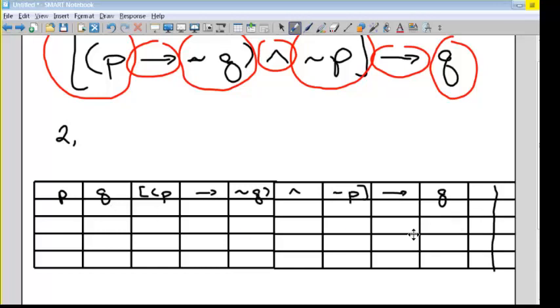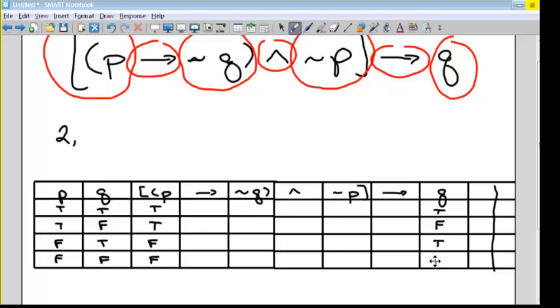Okay, so now we fill it out completely. So we do true, true, false, false, and true, false, because that's the 4 different combinations that we have. Then we have 1, 2, 3, 4 columns again. So where we have P or Q, we just copy down what's in the P and Q columns.